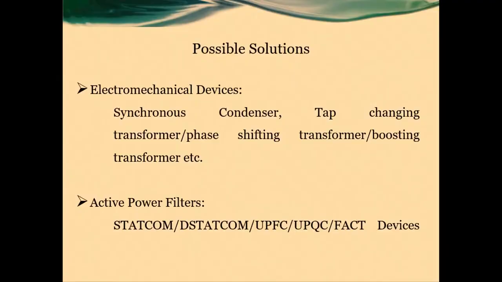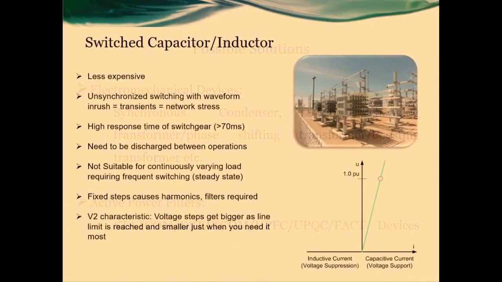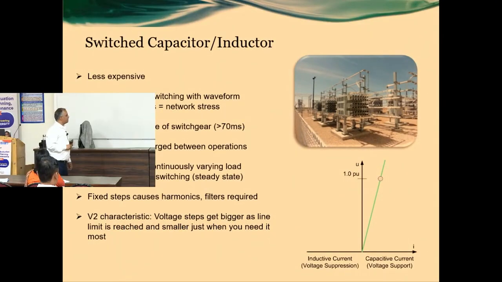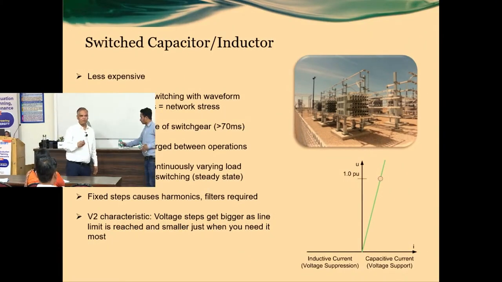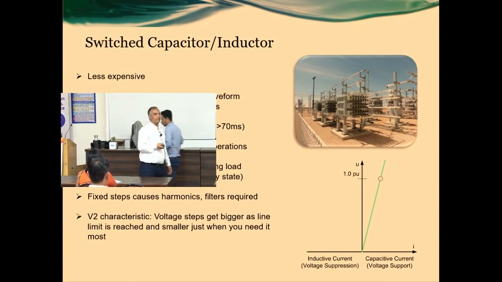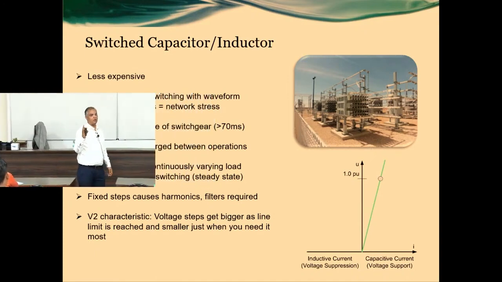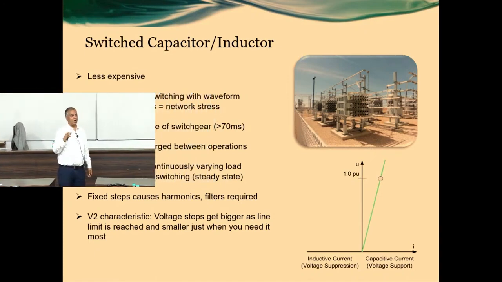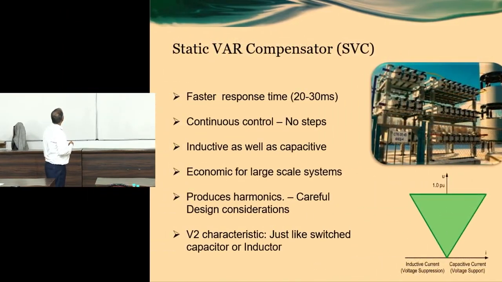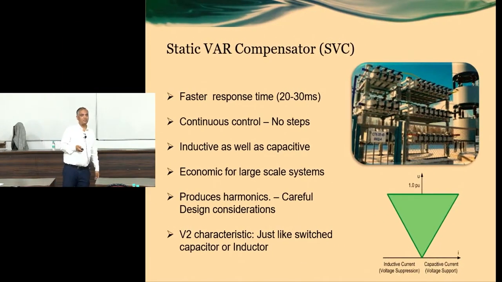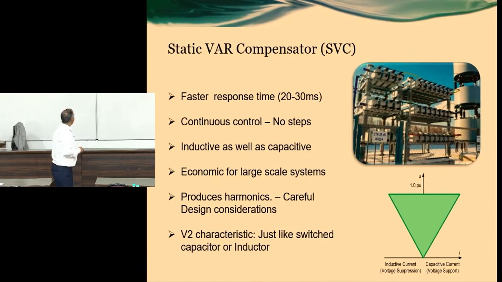Partial solutions already exist in the market, like series capacitors and series inductors, at generation level, distribution level, and transmission level. These are already installed. Then you have the static VAR compensator, utilized to give reactive power support.